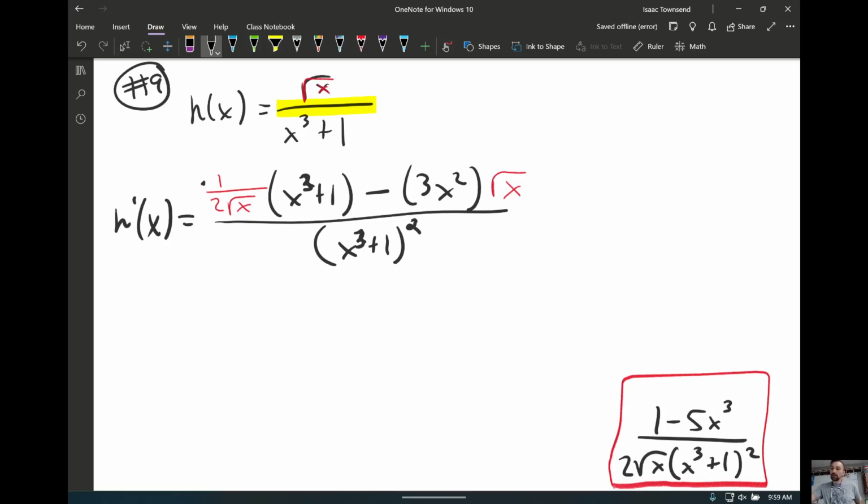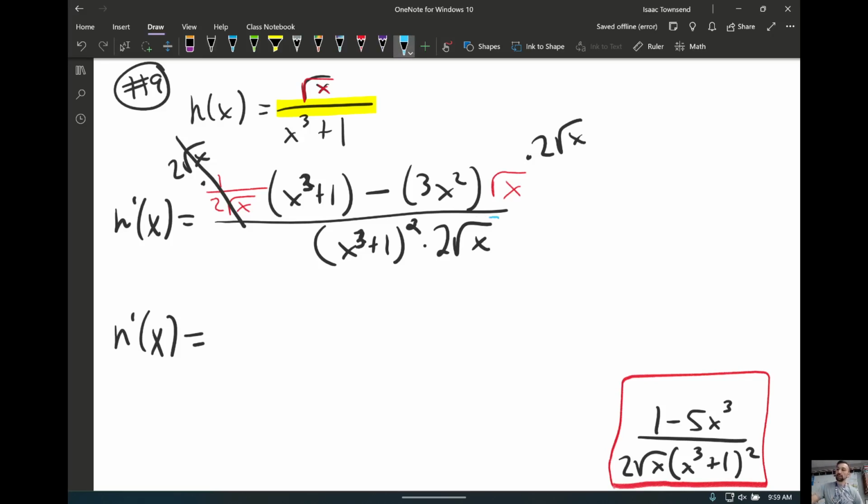So I would love to multiply this by 2 square root of x so that those cancel. But you can't do that unless you're willing to multiply everything by 2 square root of x. Now, in the back of your mind, you might be saying, that sounds like a lot of work. I don't want to do that unless I am pretty sure that's going to be right. Well, notice, as soon as I've done that, my denominator is already looking good, so I must be on the right track.